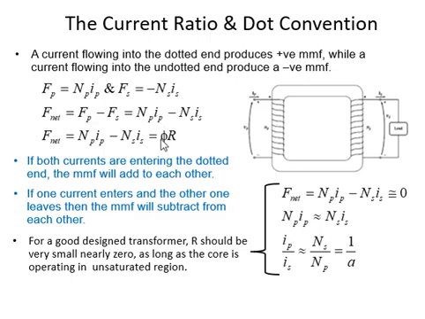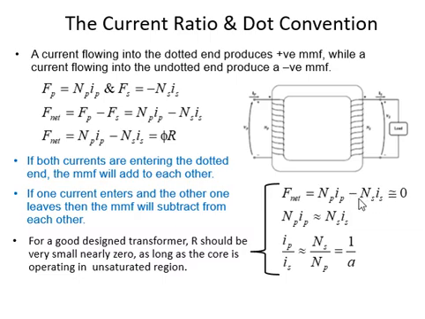If we put R equal to 0, this right hand side would become approximately 0, so the net F would become almost 0, and then NPIP minus NSIS would become 0.